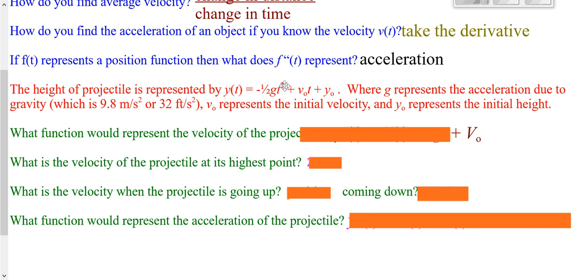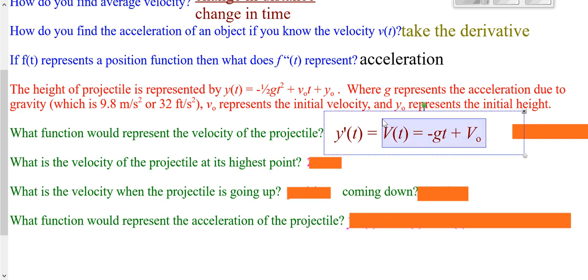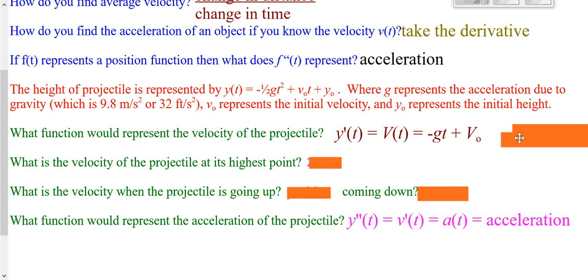Here you'd put your exponent down in front. It would cancel out that negative 1/2. G is just a number, so it's not a variable. T is your variable. So you would get your derivative of your distance is your velocity, and it's given to you by this. If you do your derivative again, then you would get your acceleration.